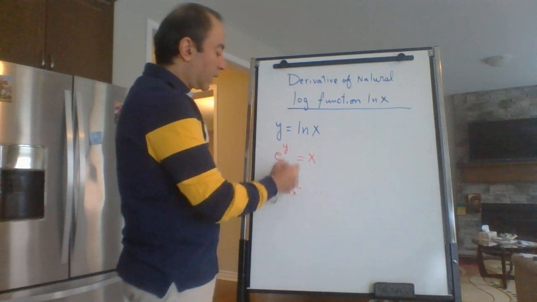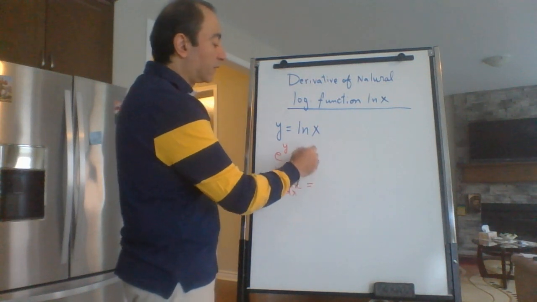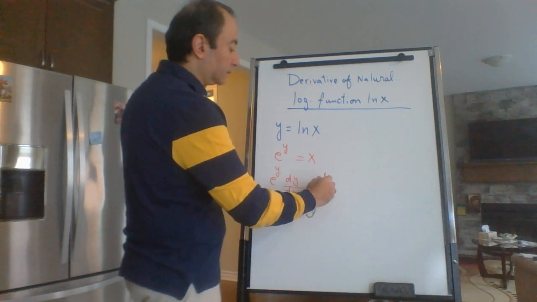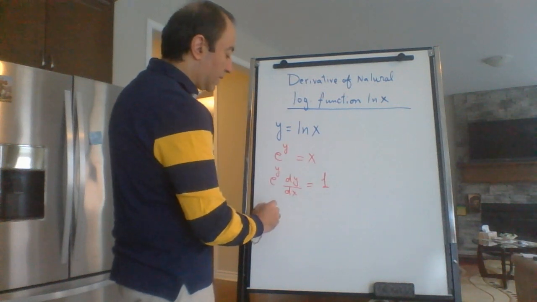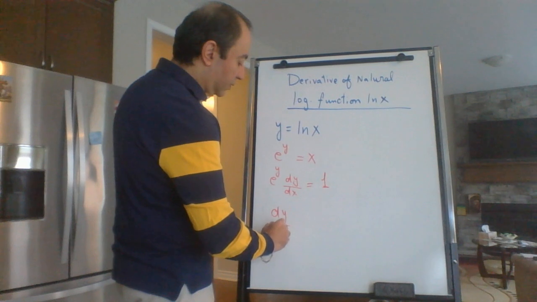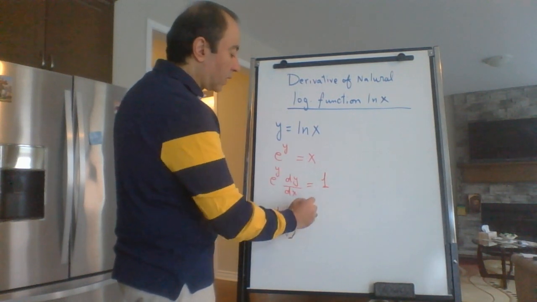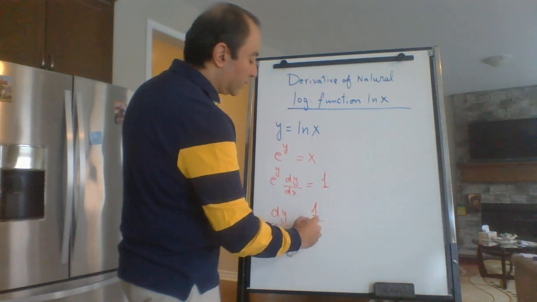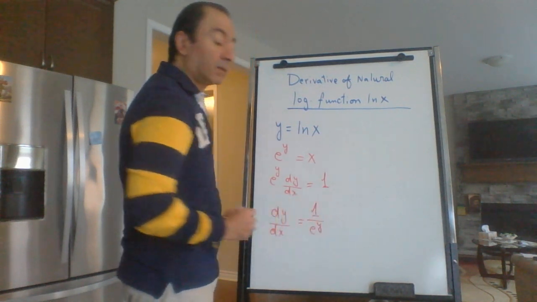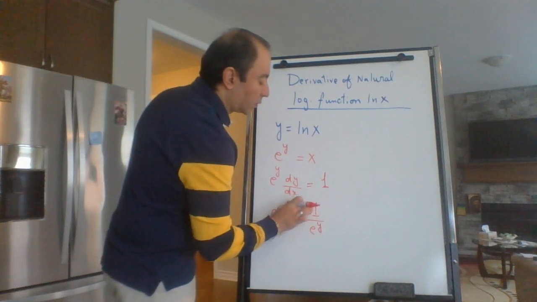The derivative of x is 1. So I will isolate dy by dx by dividing both sides by e to the power of y, so that's 1 over e to the power of y.